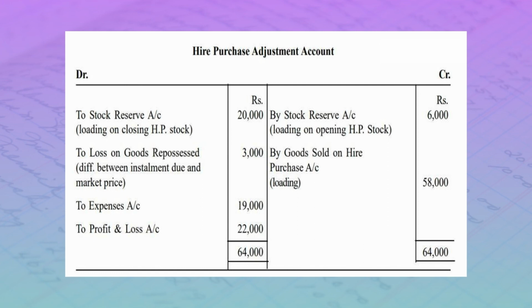So one-third of 60,000 is 20,000, which we have mentioned as the loading amount on closing stock. So this 3,000 we have calculated, 20,000 has been calculated, and expenses 19,000 is given. So this is the balancing figure of 22,000. So against 64,000, this is the net amount of profit, that is 22,000.